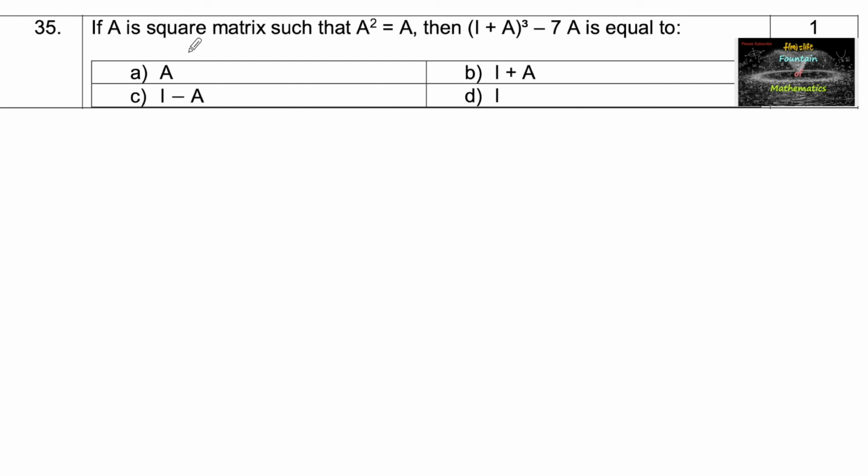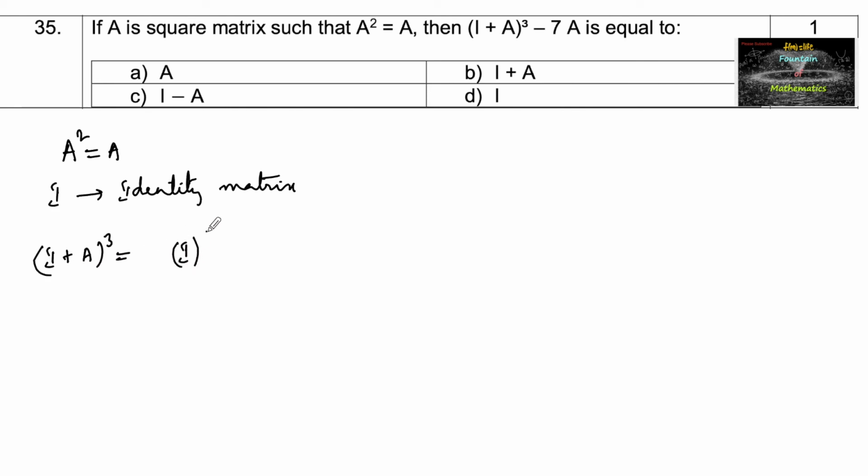If A is a square matrix such that A square is equal to A, then I plus A whole cube minus 7A, where I is an identity matrix of the same order as matrix A. Then I plus A whole cube is equal to I cube plus A cube plus 3A square into A, 3I square into A plus 3I into A square.